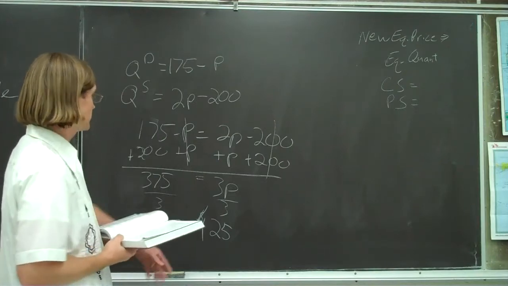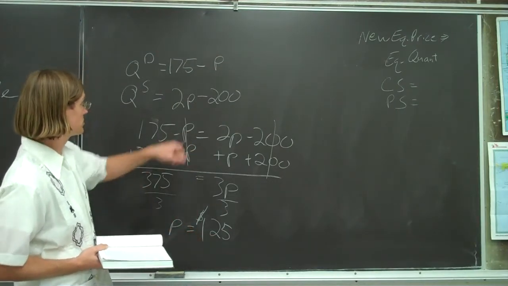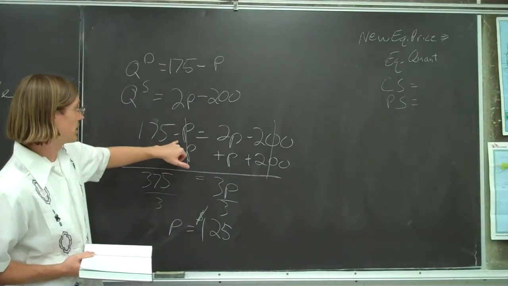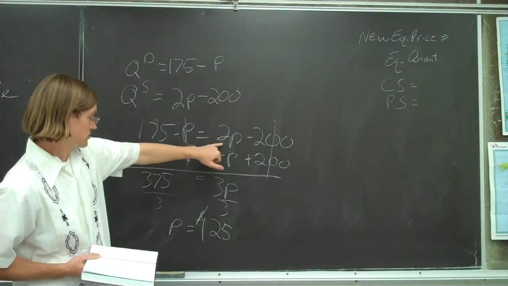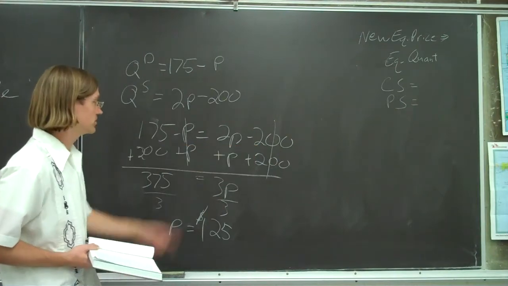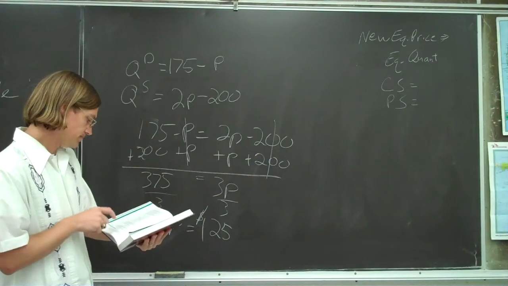So when the price is $125, then 175 minus the price should be equal to 2 times 125 minus the price. So you can check that and make sure those are equal.